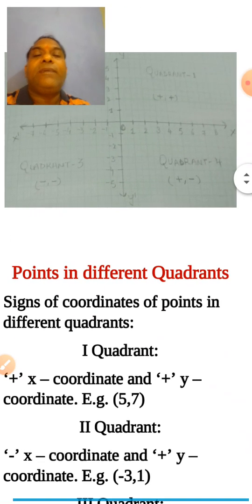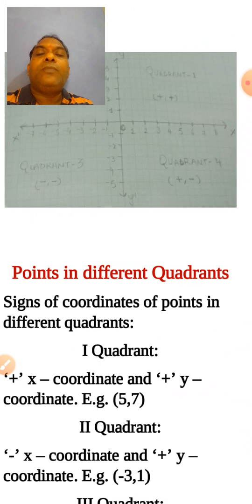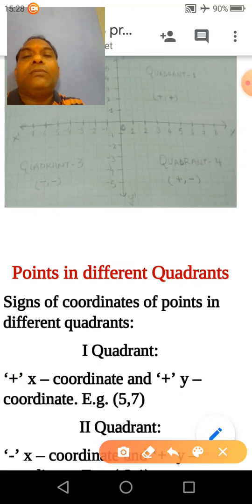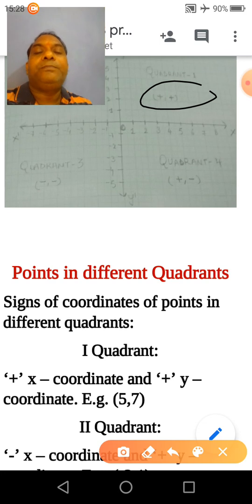So points in different quadrants. Signs of coordinates of point in different quadrants. So in first quadrant, x coordinate will be positive and y coordinate will be positive. Both will be positive in first quadrant. Clear?